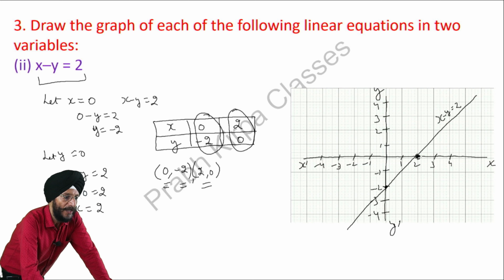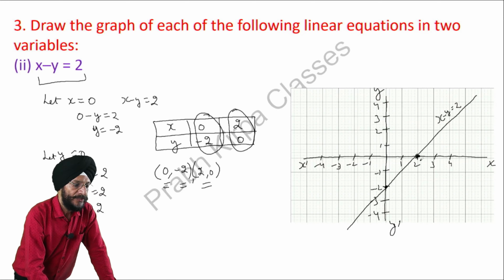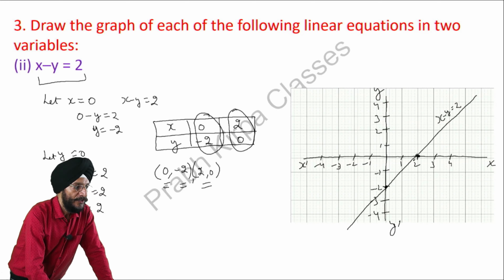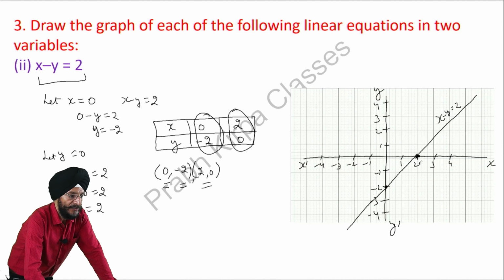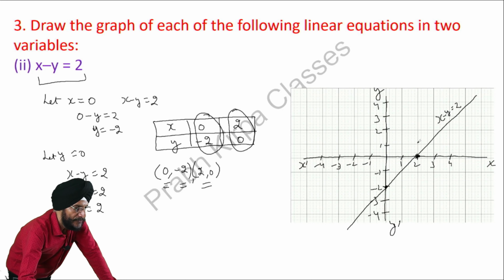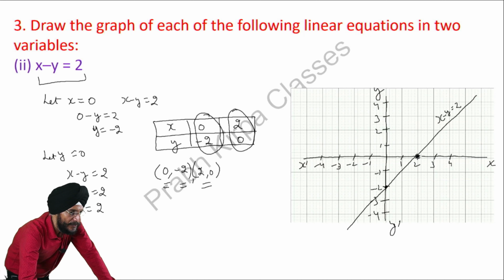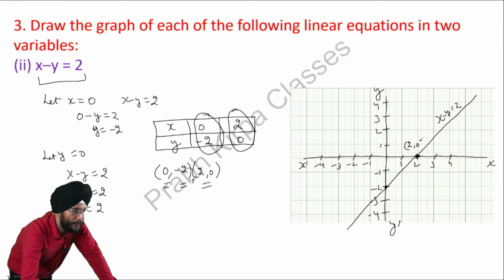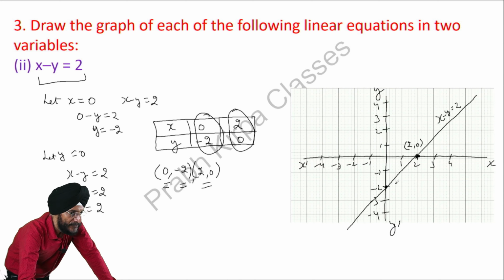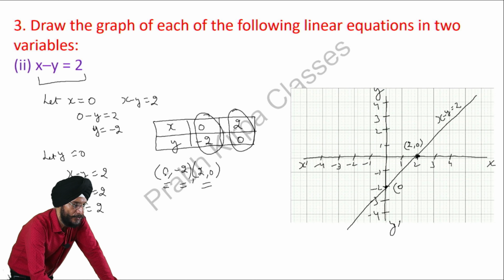Now here we will also mention the solutions on the basis of which we have drawn these 2 points. Now here the value of x is 2, value of y is 0. Here the value of x is 0.